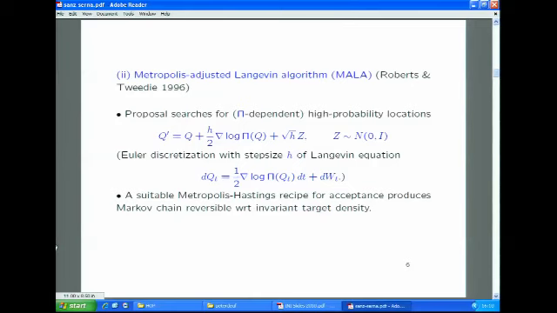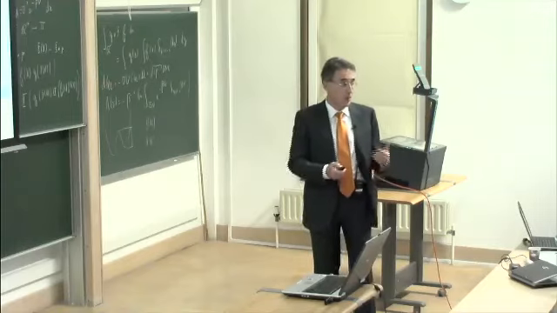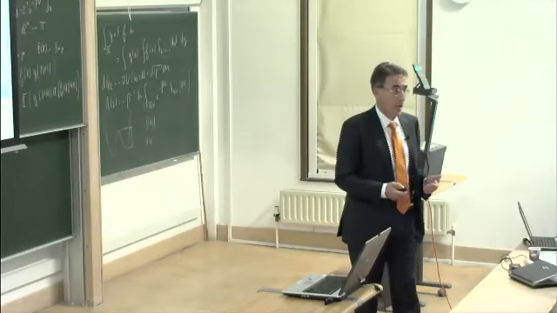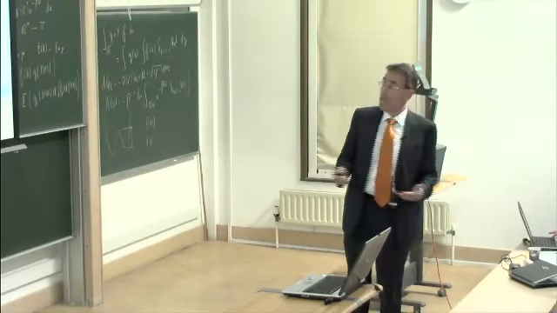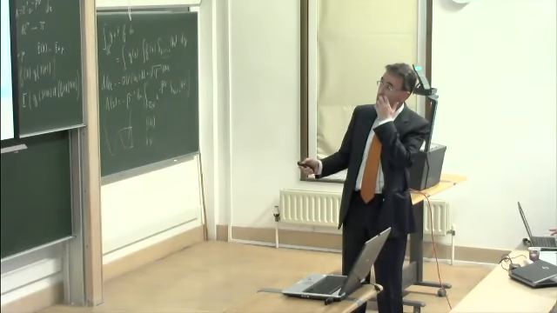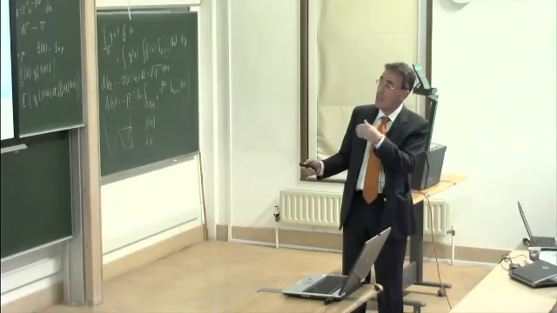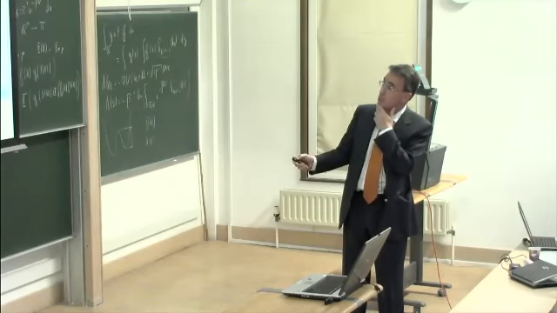So in the morning, we saw this Langevin equation that corresponds to what physicists would call an overdamped Langevin dynamics. And this particular stochastic differential equation has our target probability pi as an invariant measure. And therefore, you can easily relate those two.